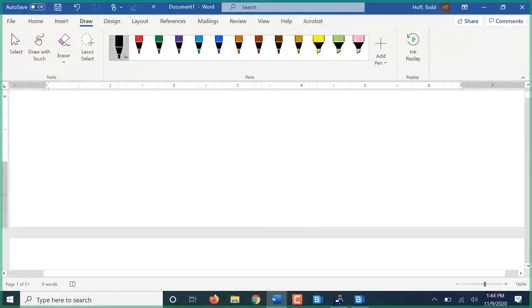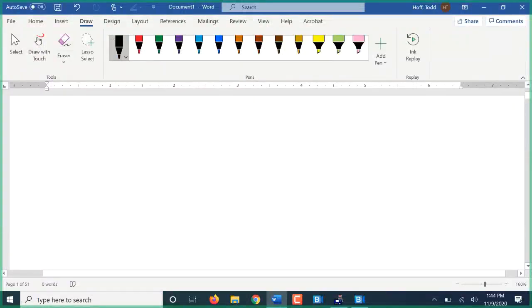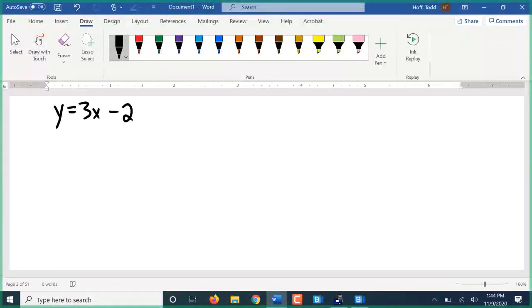So back to that family of equations. y equals 3x minus 2. To express the solution set, the infinitely many solutions to that, I start by just randomly picking a value for one of the variables and calculating what the other value has to be.